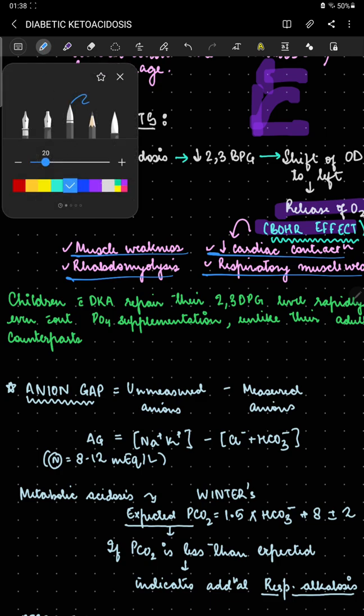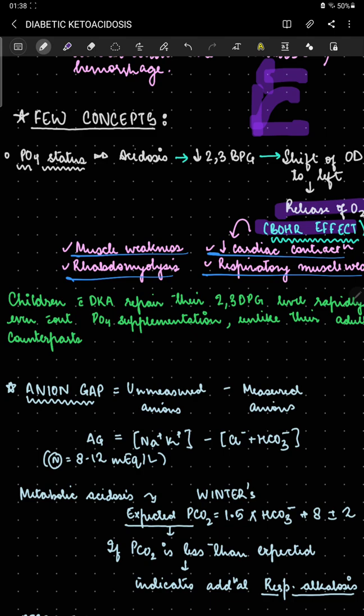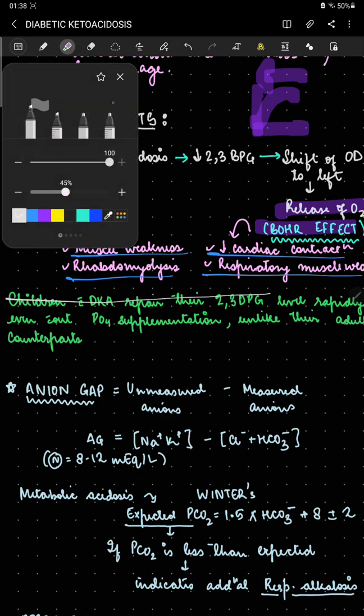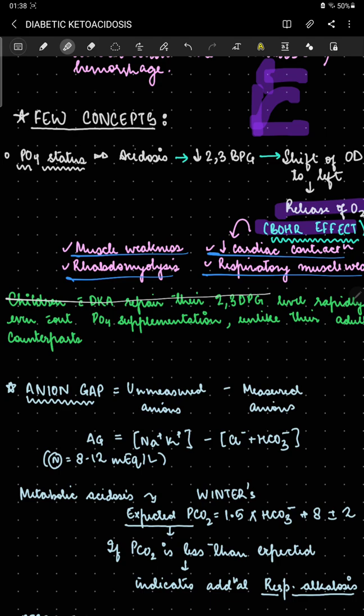What happens in children is that these little children with DKA repair their 2,3 DPG levels. Yes, they repair the 2,3 DPG levels. So they rapidly even out the phosphate supplementation, unlike their adult counterparts.